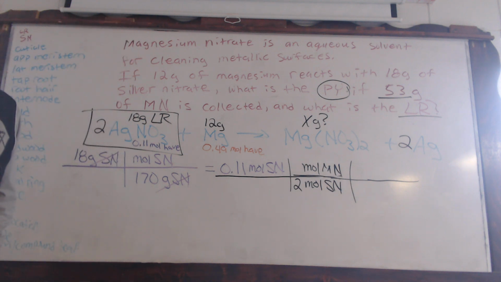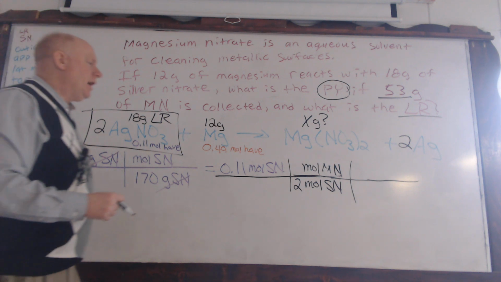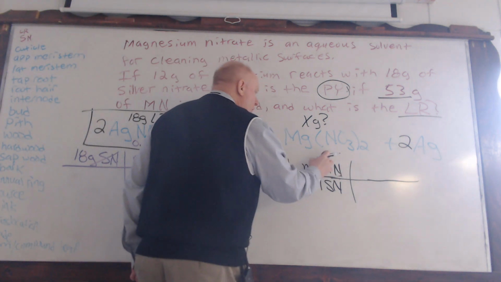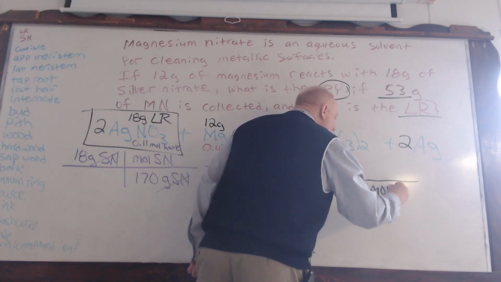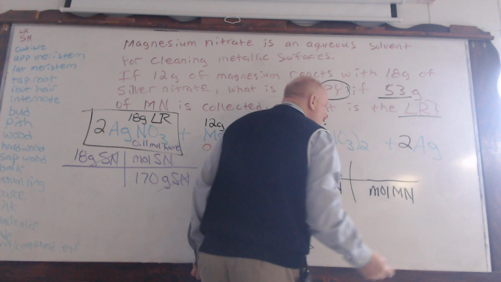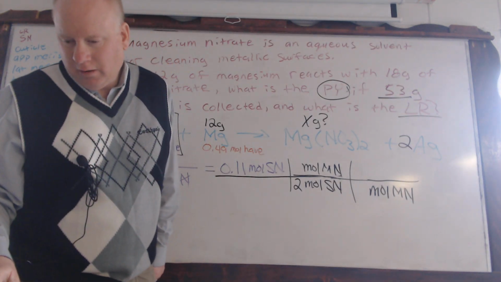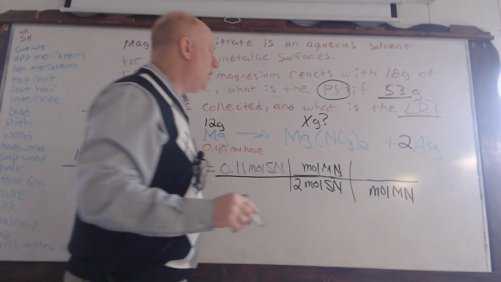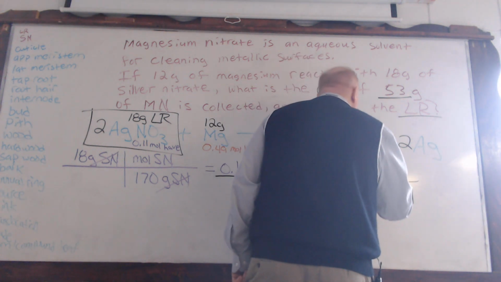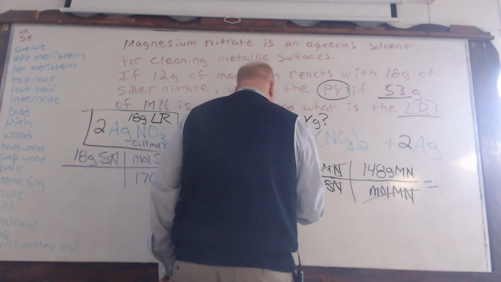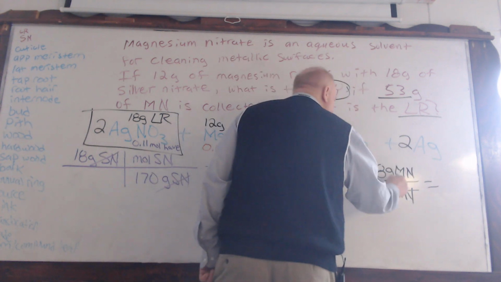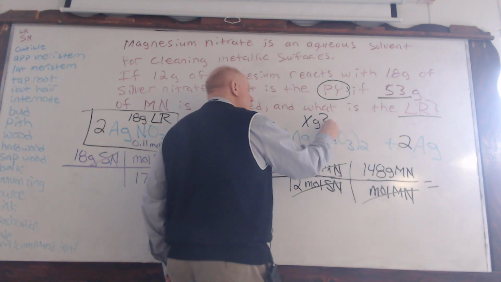Yes, it does. It still belongs there. So now, how do we get rid of this mole of magnesium nitrate? For every mole of magnesium nitrate, which is 148, everything has now canceled. You're in grams of magnesium nitrate, and that's what we're looking for.